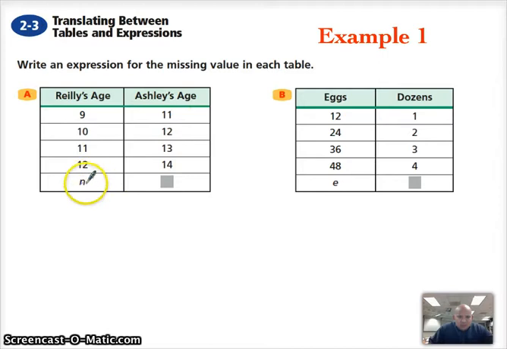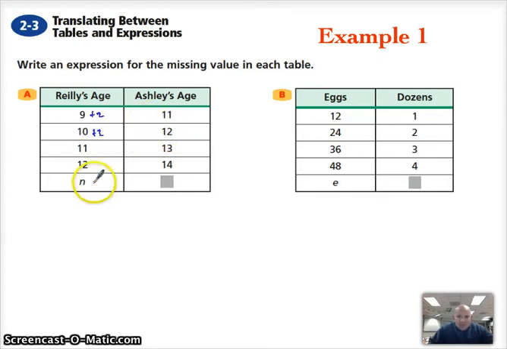When I go down this list, it asks me, well, what's Ashley's age when Riley's age is any age. So how do we get from 9 to 11? Well, we have to add 2 here in order to get Ashley's age. We have to add 2 to 10 to get 12, Ashley's age.